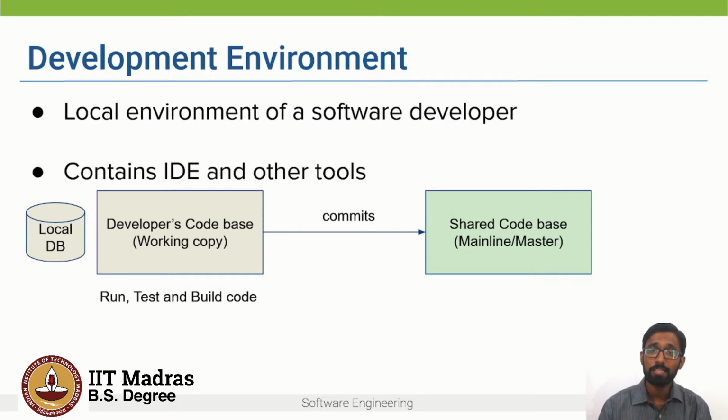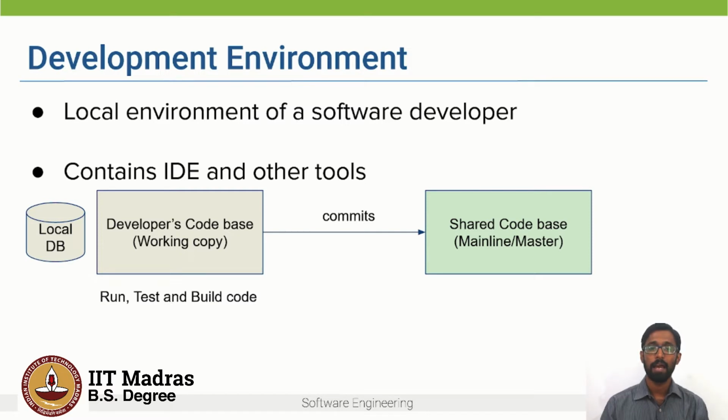Let's look at these types of environments in detail. What is a development environment? The development environment is nothing but the local environment of a software developer. The developer writes his or her code in the development environment on their local machine, which can contain an IDE and other tools which the individual developer uses. The developer writes the code, tests it, and then builds the entire code base to check if the system is compiling and working.